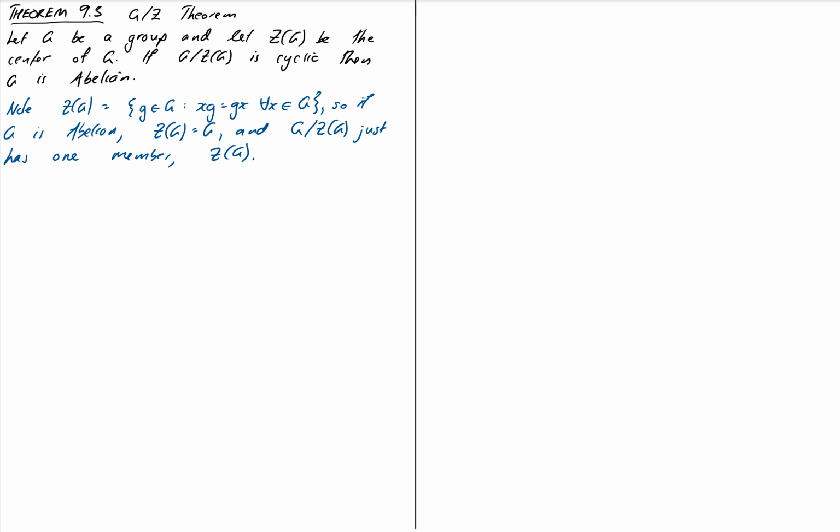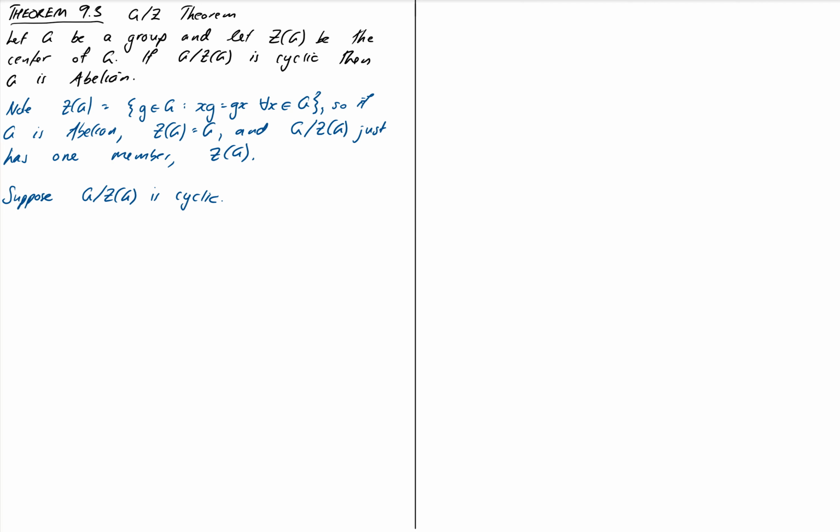Okay, so we're going to see if we can prove this directly. So suppose that our factor group is cyclic. Now, whenever we have a cyclic group, what that lets us do is write it as a cyclic group generated by some generator.